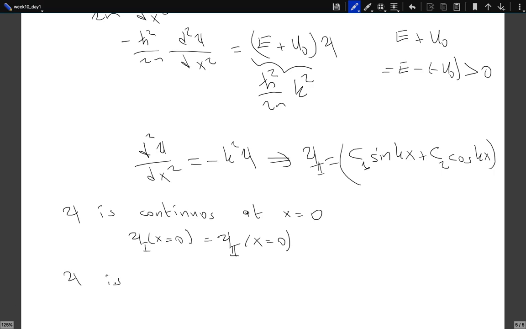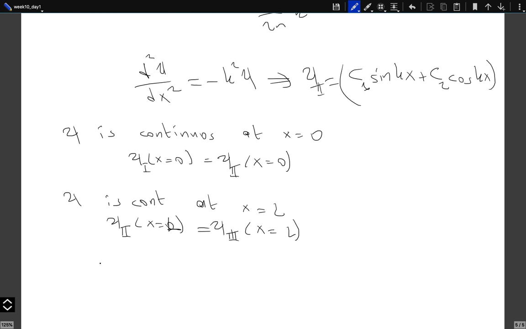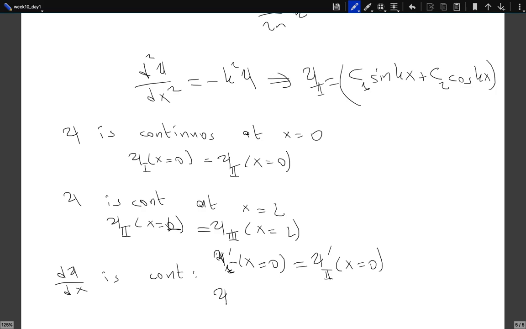And also psi is continuous at x is equal to L, which will tell me that psi2 at x is equal to L should be equal to psi3 at x is equal to L. And then you have the derivative of psi is continuous, which will tell you that psi1 prime at x is equal to 0 is equal to psi2 prime at x is equal to 0, and psi2 prime at x is equal to L should be equal to psi3 prime at x is equal to L.